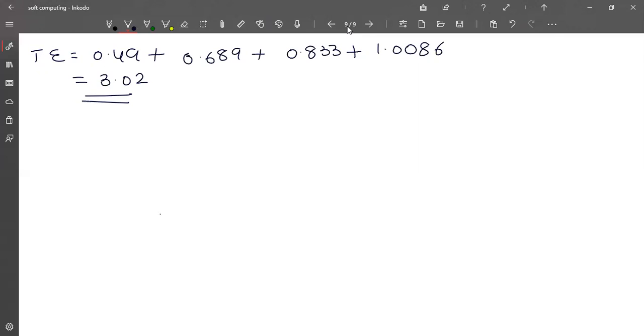Similarly, we have to perform further epochs and calculate the total error like this. And the stopping condition for this ADALINE network is, initially you have to assume an error, and I am assuming 0.5. So we will be performing epochs and calculating this error.